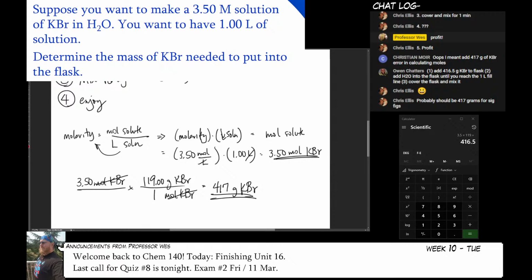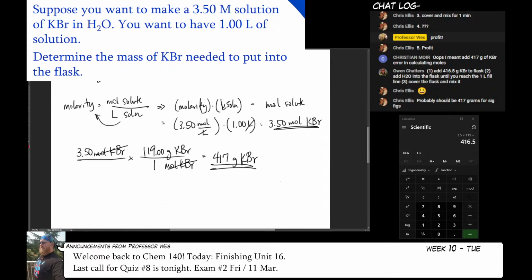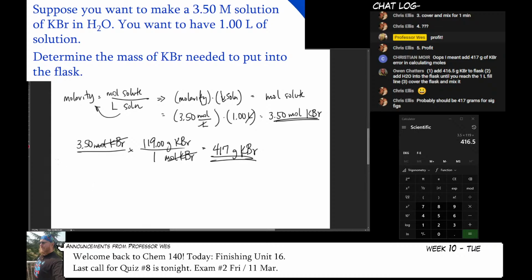And there you go. So now that we've done this, we can do our 3-step plan, which is up here. We'll just write it again. That's fine. So step 1, add 417 grams KBr to a, not to at, to a 1 liter flask.